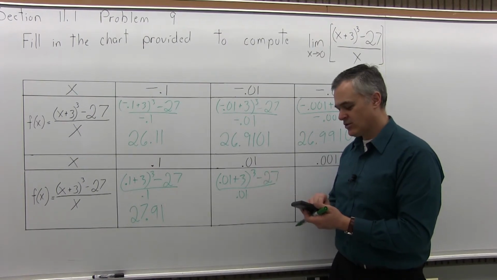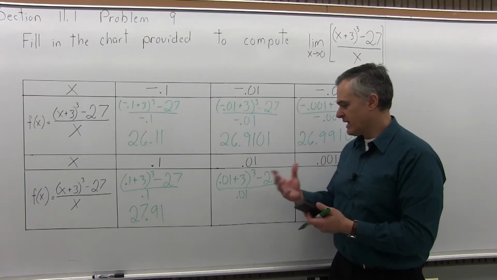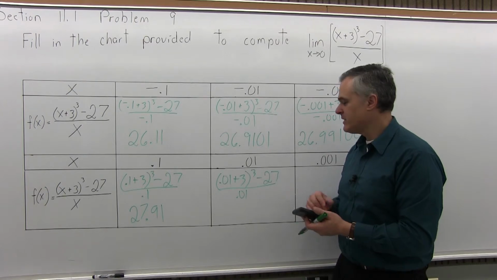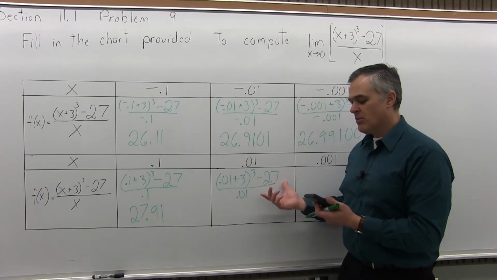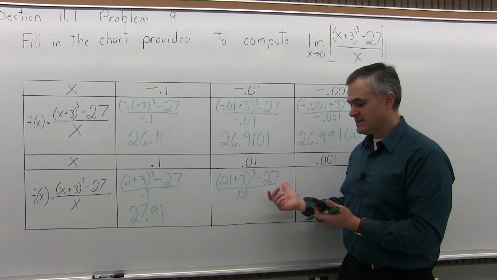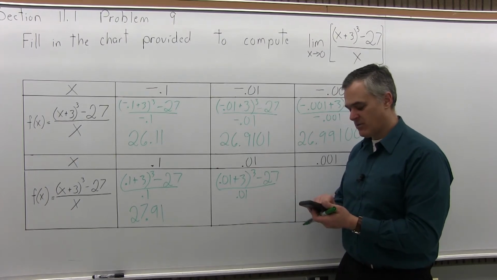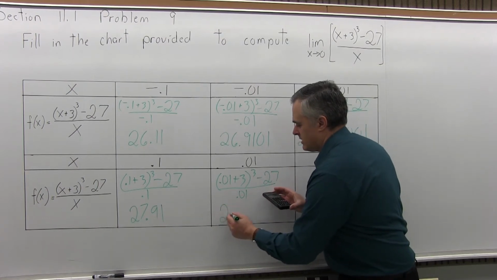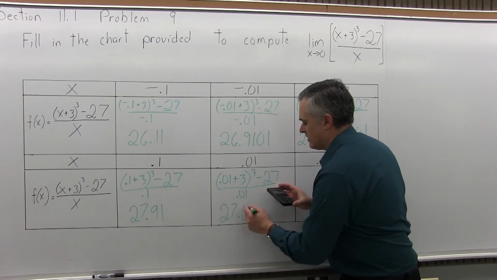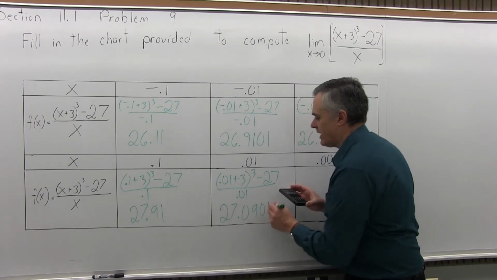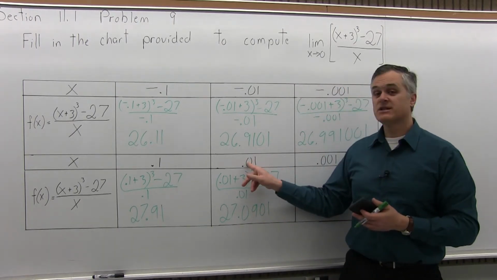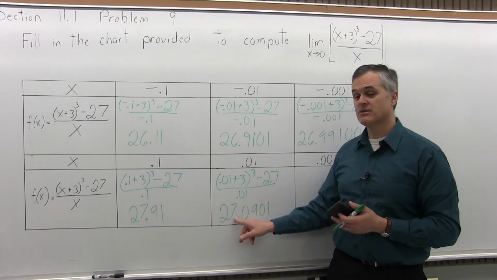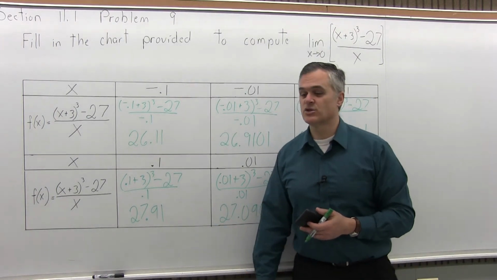I'm going to raise that to the third power, and subtract 27 from the answer I got. Now I have an answer for the numerator, which is 0.270901. I'm going to divide that answer by 0.01. And the answer I get overall is 27.0901. So if I put in a positive 0.01 for x, I get out 27.0901 for y. It seems we're getting closer to 27 as the output.